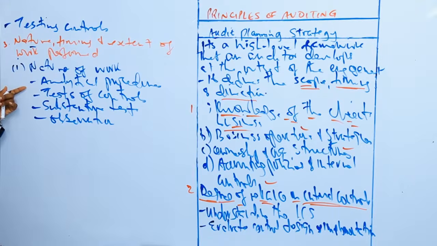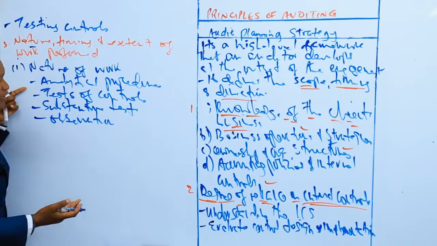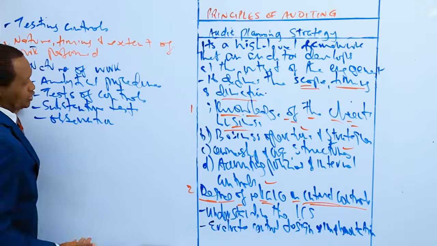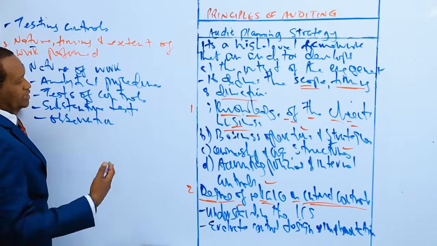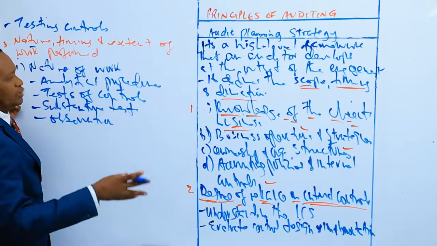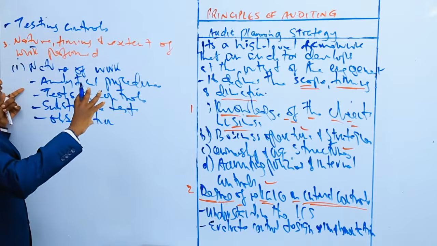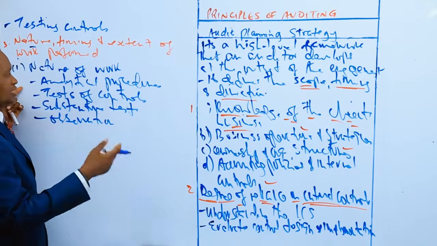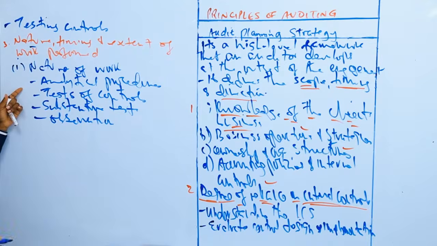So the nature of work includes analytical procedures. That means analyzing relationships and trends in financial data. The auditor may come up with ratios, liquidity ratios, and many other types of ratios, getting items from income statements and the balance sheet to understand the relationships and trends in financial data.